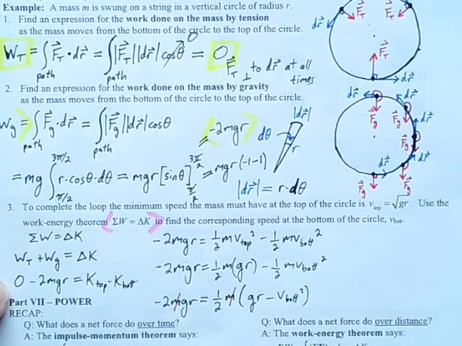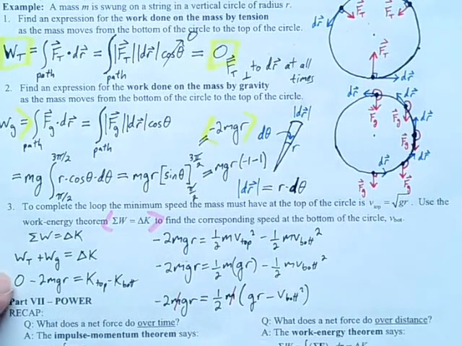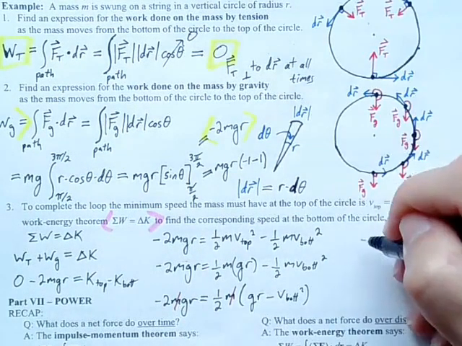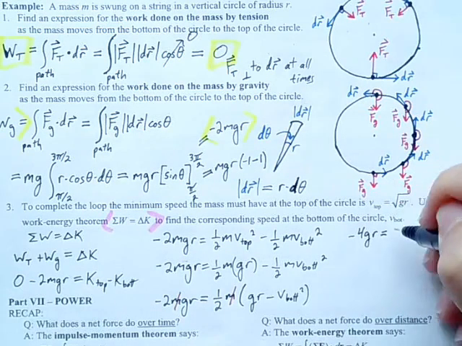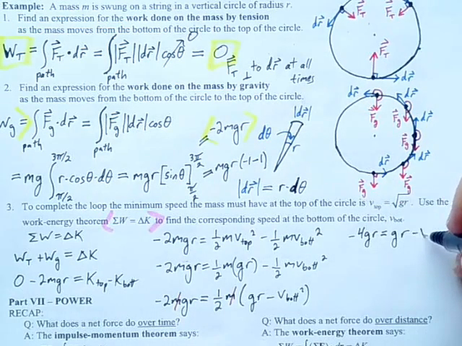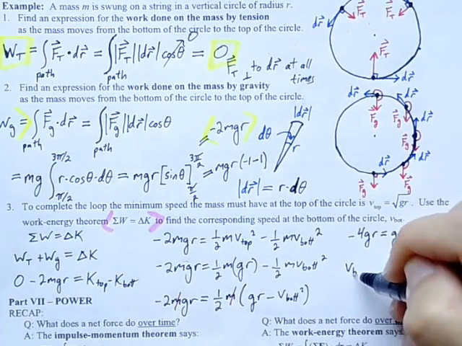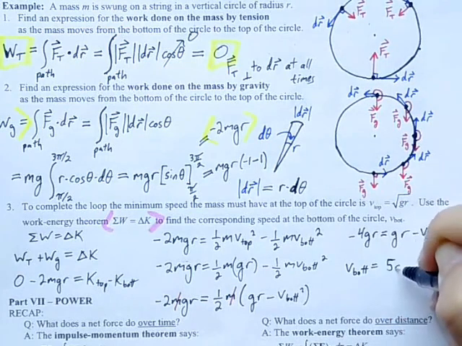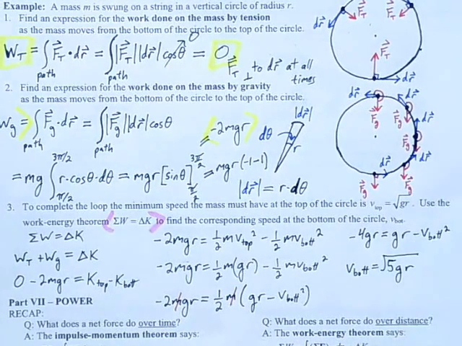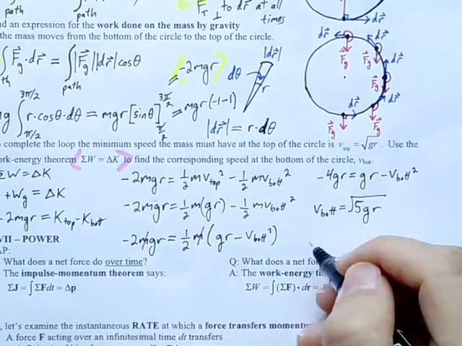I'll multiply both sides by that 2, and we'll get negative 4gr equals gr minus v bottom squared. Finish the algebra. V at the bottom will equal the square root of 5gr. That's what we're looking for.